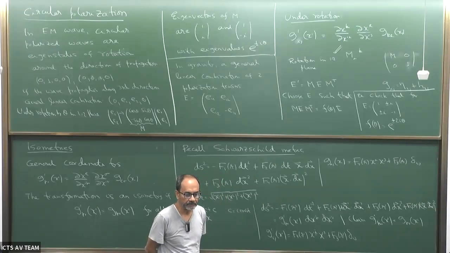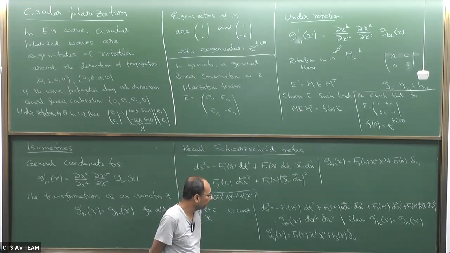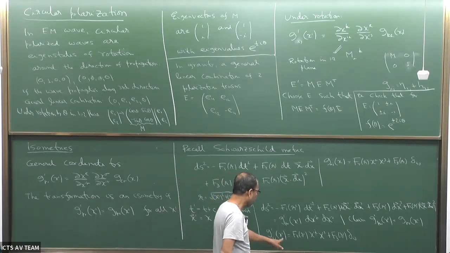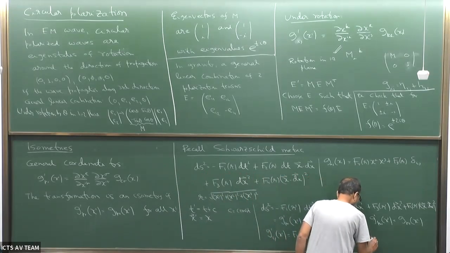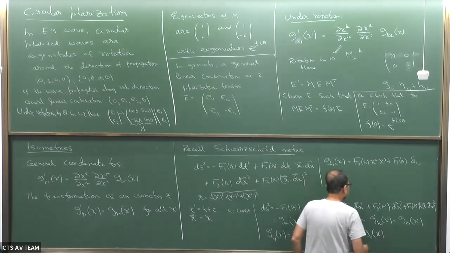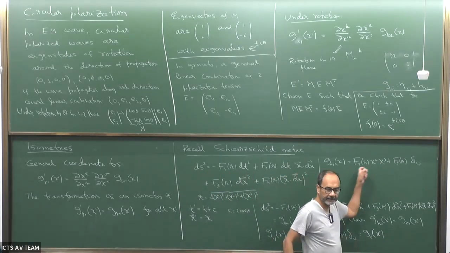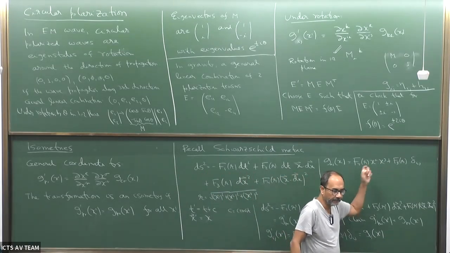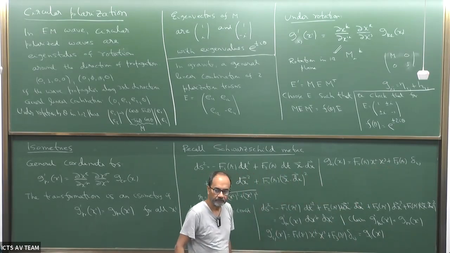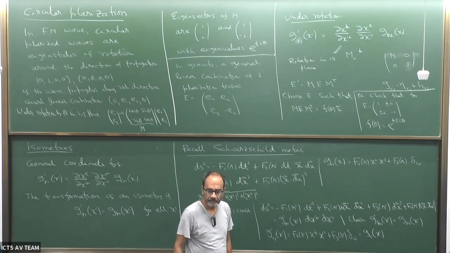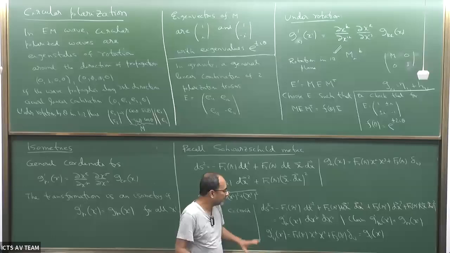So we see that if you take the expression for g ij and replace x by x prime, you get g prime ij of x prime. Is that clear? So this is trivially an isometry.